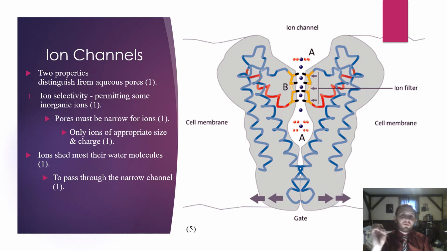They're pretty much selective. Hey, you can go, you can't go. They're pretty particular, which is a good thing because you don't want all these ions to just come in at once. It would be disastrous for the cell to function, let alone neuronal communication. It just won't work that way.